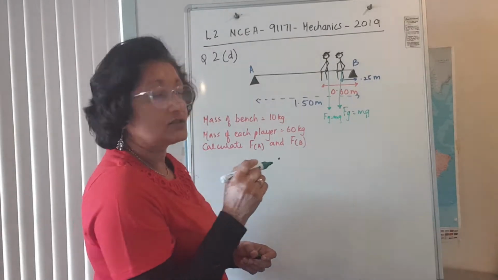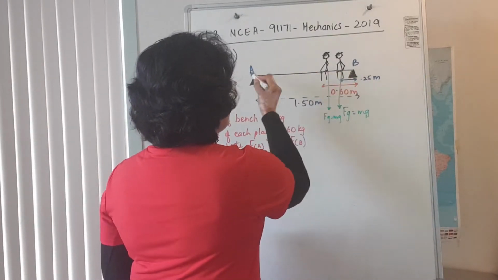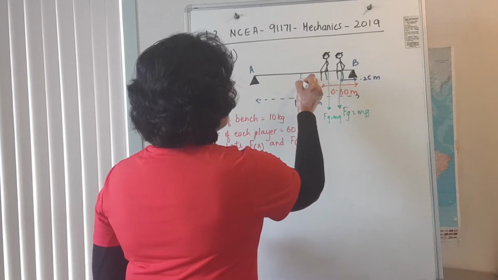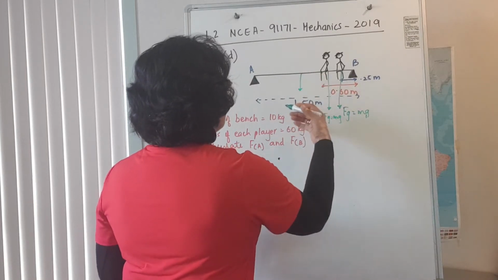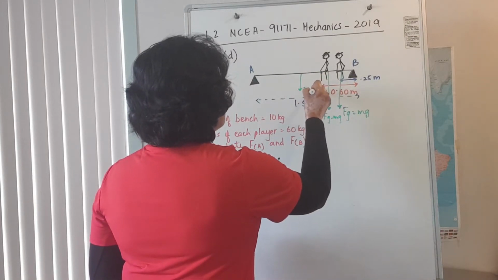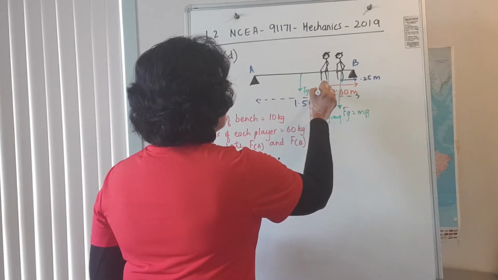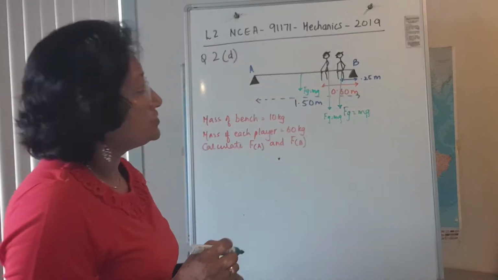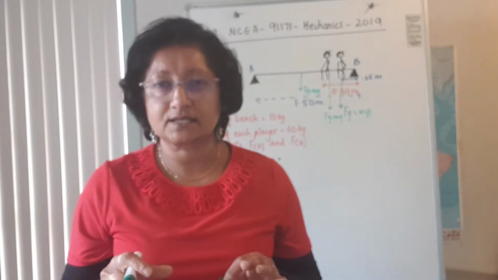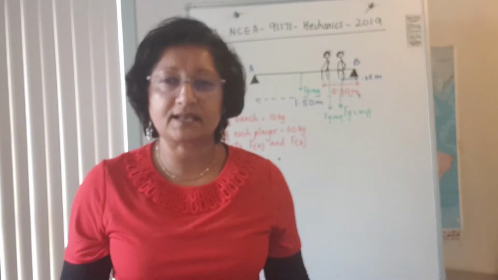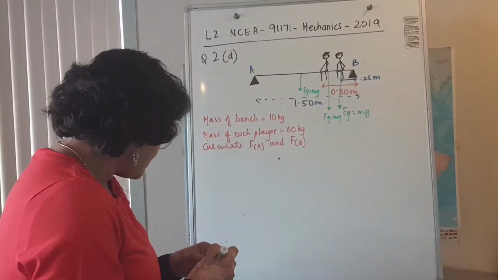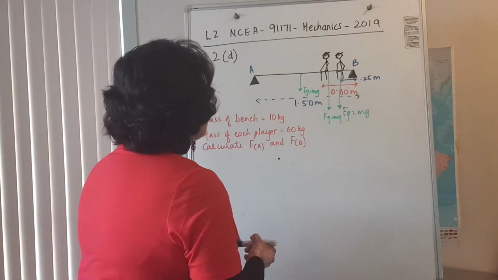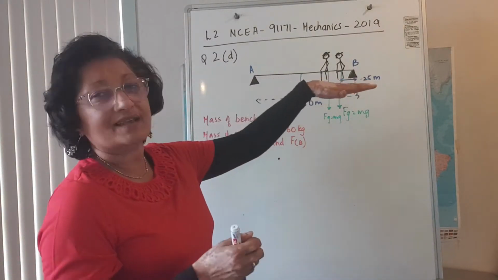And then there's a third one, and the third one acts through the middle of this, which is the mass of the bench. So its weight force acts downwards. So this is mg. You can't have only forces acting downwards, you also have to have forces acting upwards. So the two upward forces would be from whatever is resting on the ground.